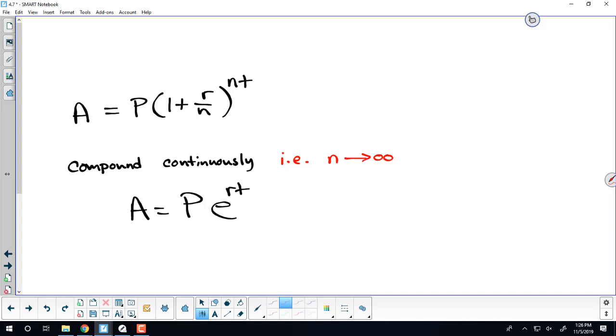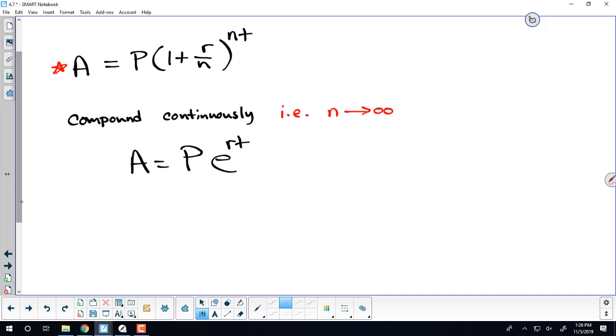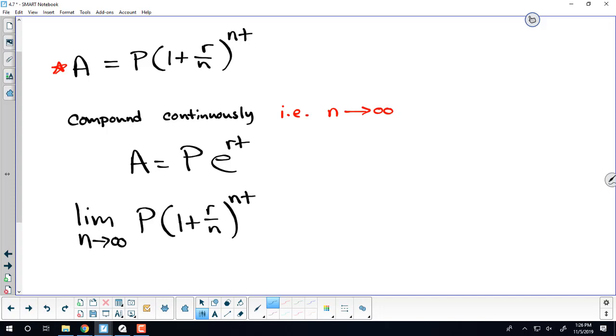So we can kind of see that, although we didn't look directly at (1 plus r over n) to the power of nt, if we compute the limit at infinity on this thing right here, this piece right here approaches e to the rt.